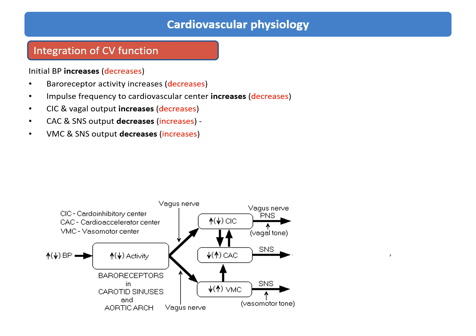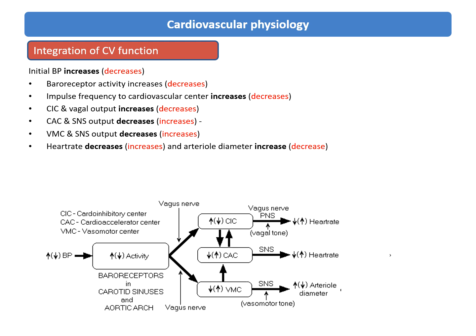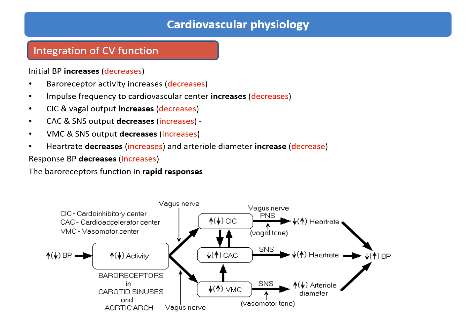Now remember, the sympathetic output is called vasomotor tone. The heart rate then will decrease and arterial diameter will increase. The effect of all of these is to decrease blood pressure back to normal.